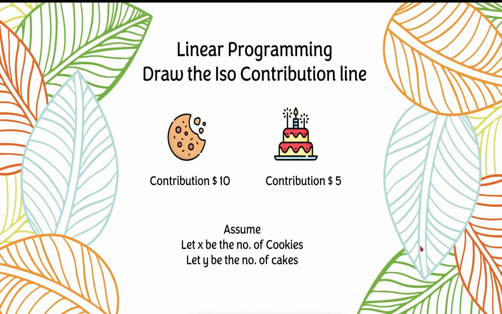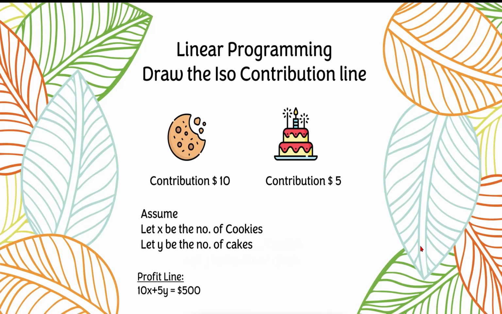Now I assume that I will produce X number of cookies and Y number of cakes. This is as per the step that we discussed earlier regarding defining the variables. And our objective is to maximize the contribution, so that 10X plus 5Y equals C.